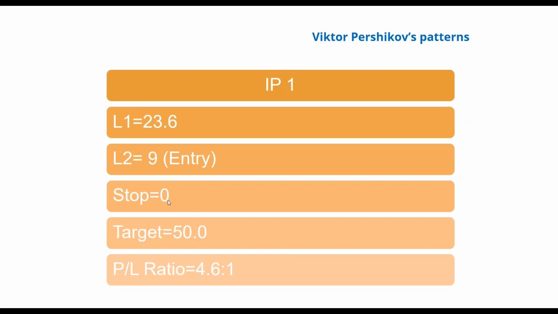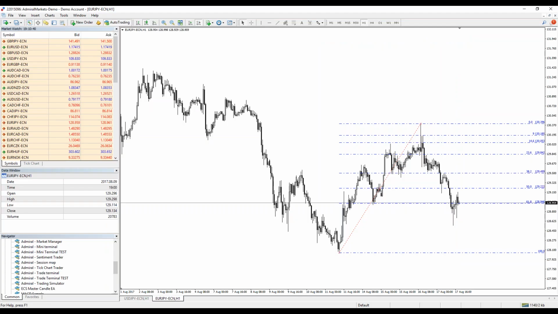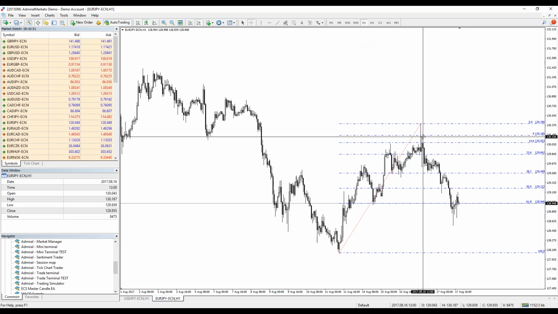Stop is 0. Okay, so you place stops above 0 and the target is 50%. So in this case, our entry would be here, our stop loss would be here, and our exit would be here. So if we went with internal patterns, as Victor showed us how to do it, we would have made 93 pips and risk would be only, let's say, 30 pips.